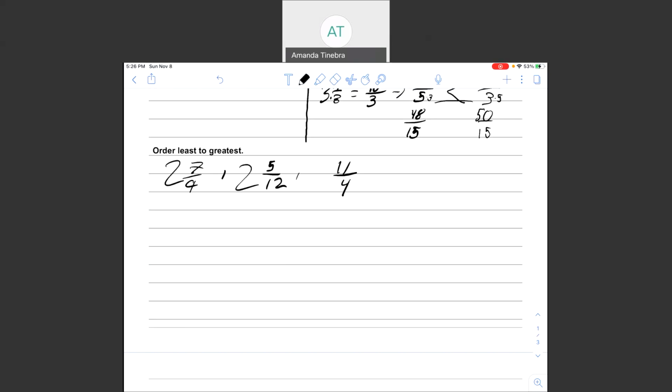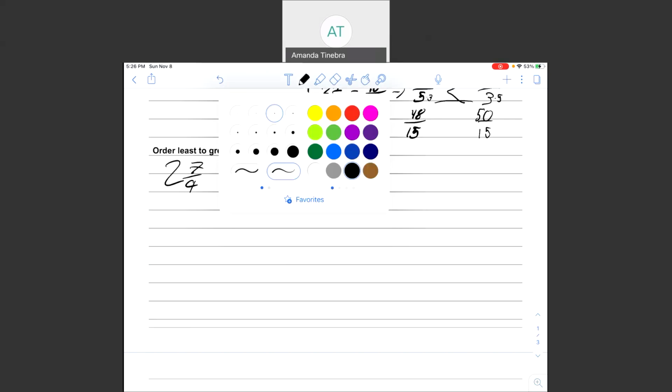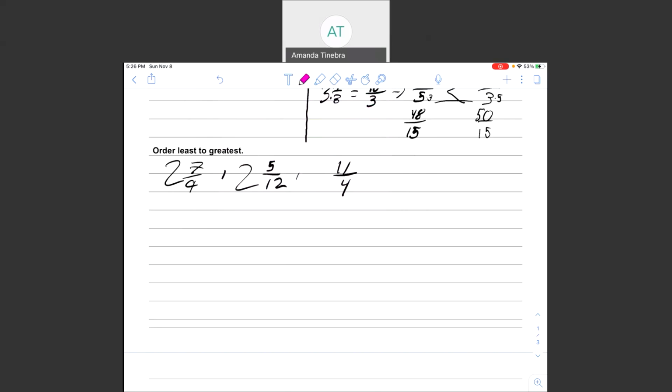So to start, 2 and 7/9, if I turn that into an improper fraction, I'll do 2 times 9, which is 18, plus 7 is 25. So 2 and 7/9 as an improper fraction is 25/9. For 2 and 5/12, I do 2 times 12, plus 5, which is 29/12. And then 11/4 is already an improper fraction, so I'll just leave it.